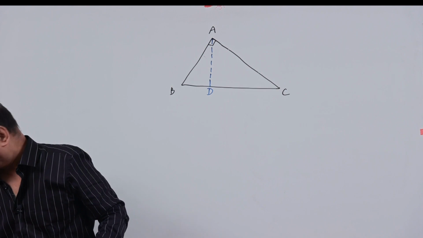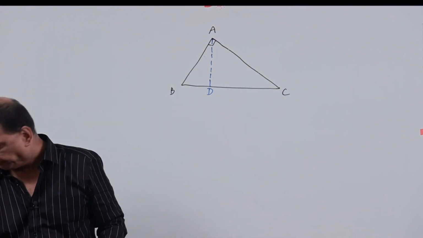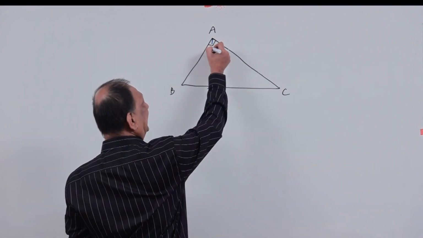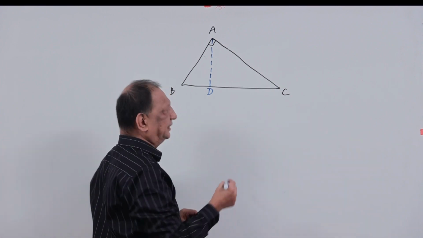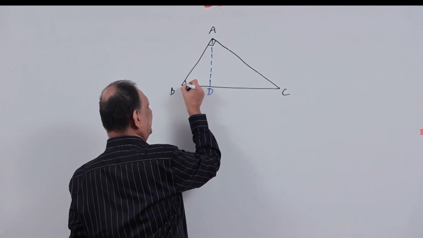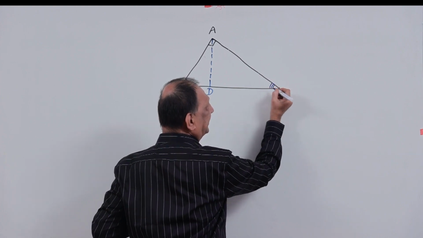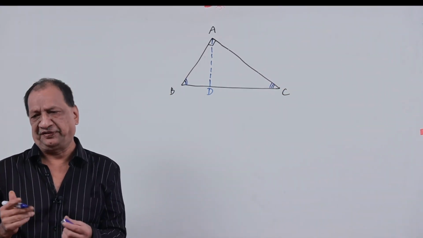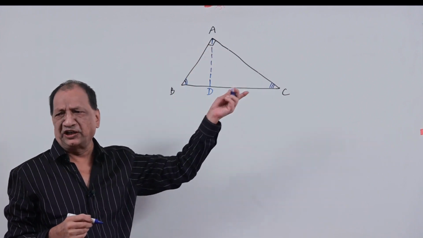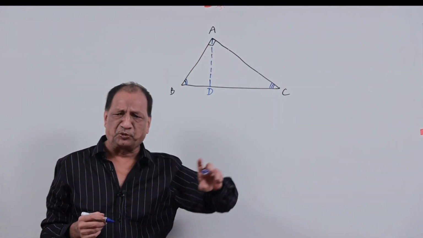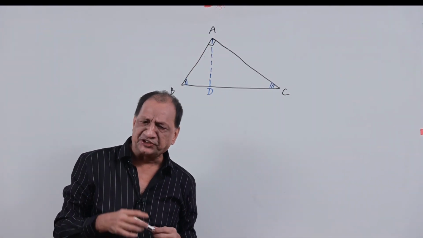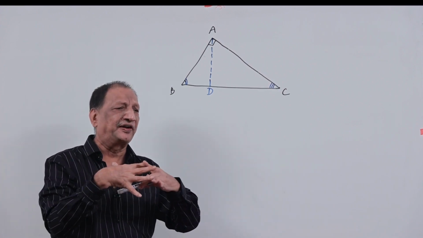In fact, to prove that, it's very simple. Remember, angle A here in ABC is a right angle. Therefore, B and C are what are called complementary. They add up to 90 degrees. We have 90 degrees there, the total is 180, therefore B and C must add up to 90 degrees. Two angles which add up to 90 degrees are called complementary.